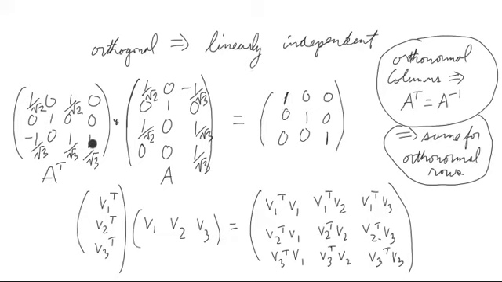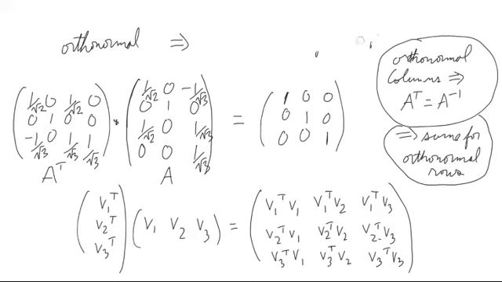So sure enough, if these columns happen to be not just orthogonal, but orthonormal, then we don't even just get linearly independent, but we get a nice way to find inverses.